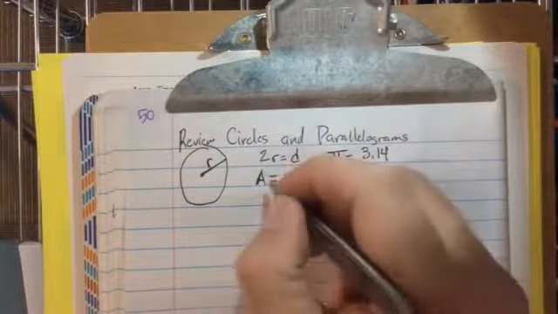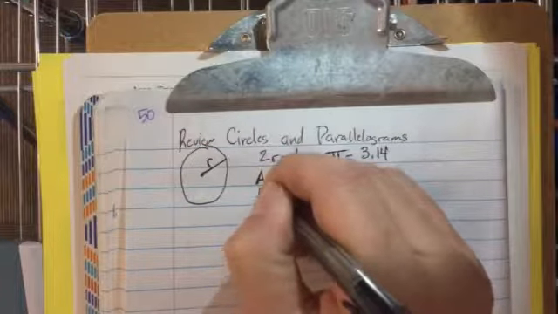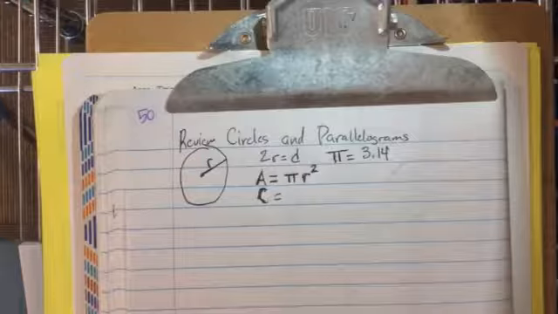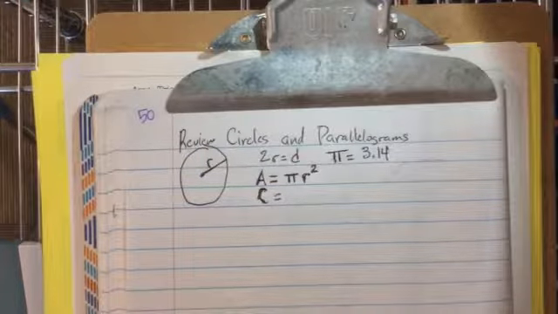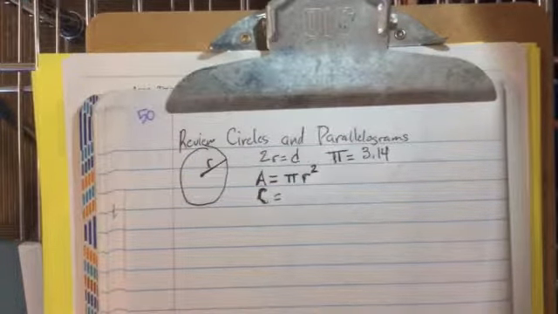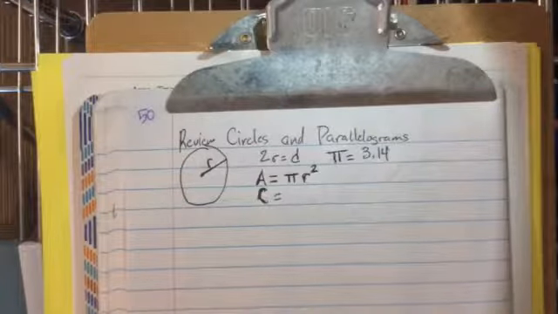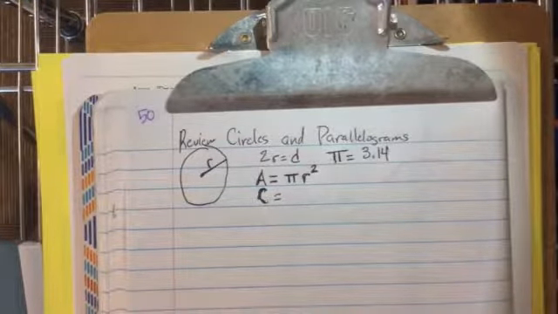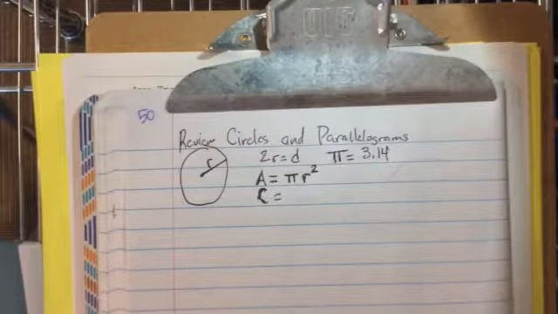So what was our circumference formula? We had 2 of them that we could work with. So let's think about this for a second, everybody. What was our circumference formula? We had 2 different ones. Luis.